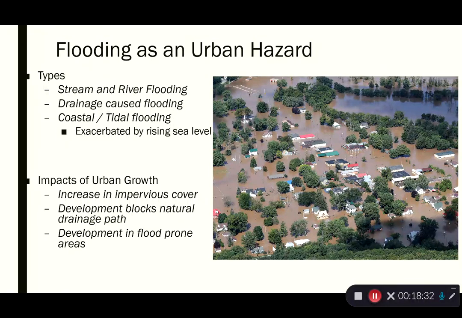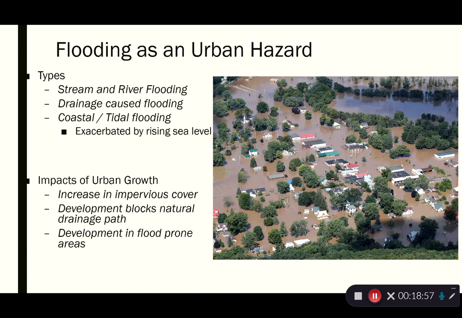And so development that wasn't in the floodplain 20 years ago may be in the floodplain now because of changes in topography and drainage. So these are kind of moving targets and challenges that cities have to face. And so making sure that cities have proper regulations to minimize development in floodplains and other flood-prone areas is certainly a priority for sustainable development.